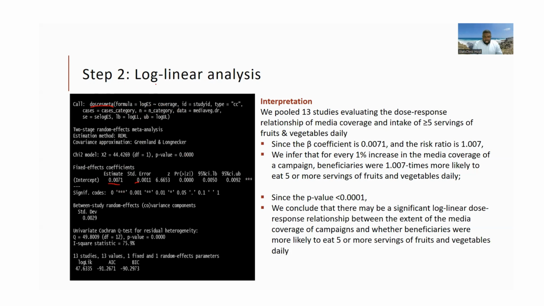This is the log linear analysis, the first one, where we just take the log. If the p-value is less than 0.01, that means it's significant. So we conclude that there may be a significant log linear dose response relationship. Fine, but we don't stop there.